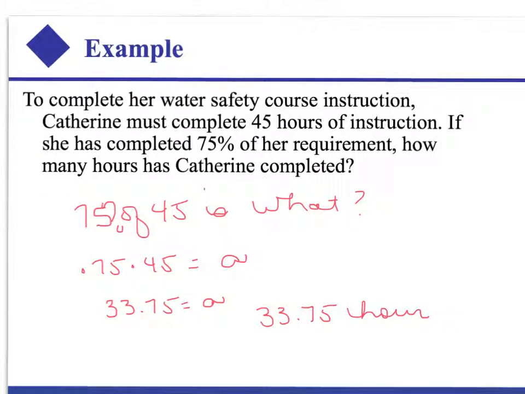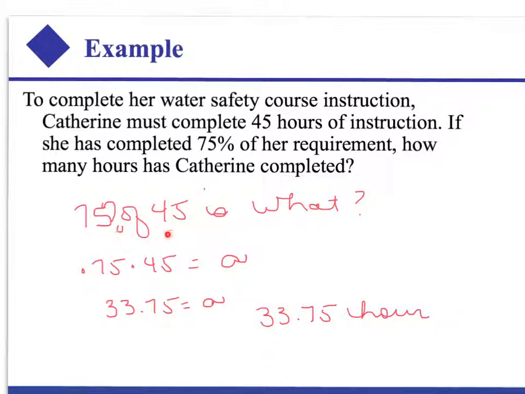Okay, this is a word problem, and you're going to see these periodically throughout this whole semester. To complete her water safety course instruction, Catherine must complete 45 hours of instruction. If she has completed 75% of her requirements, how many hours has she completed? I'm sorry. So we want to know where she is at this point in time.